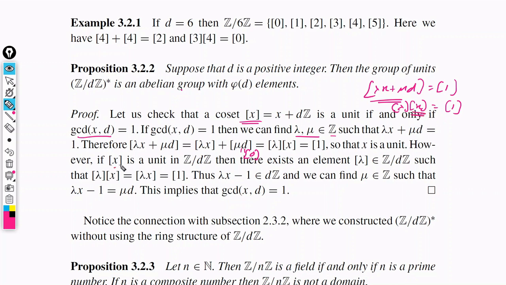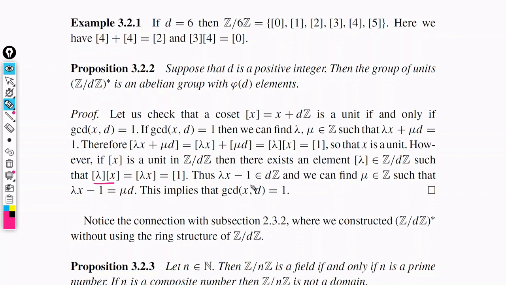Conversely, we assume that X is a unit in Z by DZ. We have to show that their GCD is 1. Since X is a unit, there exists an element coset lambda belonging to Z by DZ such that the product of these cosets is equal to 1. By definition, the product of these two cosets is equal to coset lambda X. So coset lambda X equals coset 1. Two cosets being the same means lambda X minus 1 belongs to the ideal DZ.